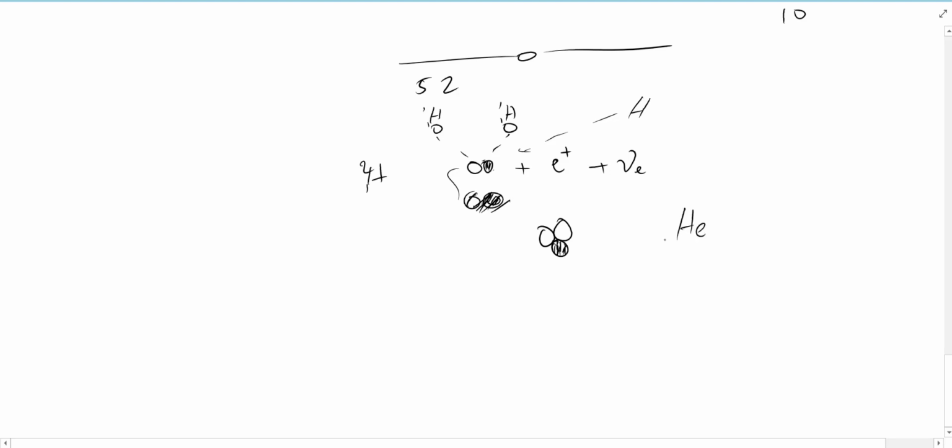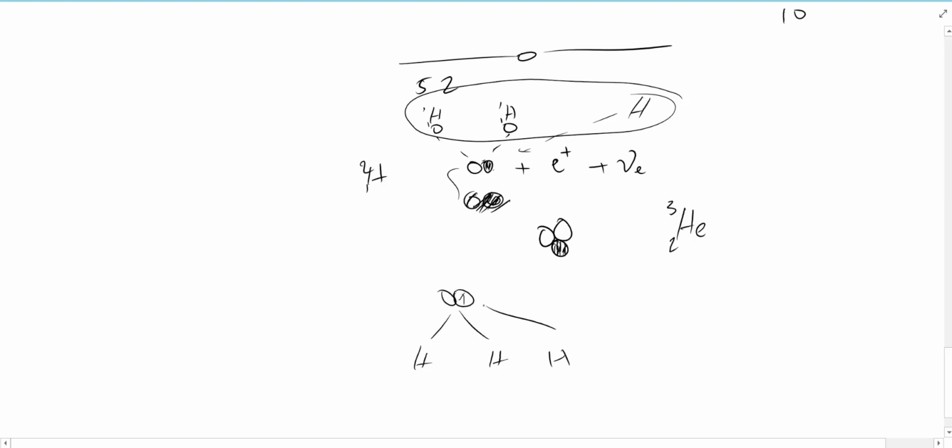This is the isotope 3 of helium, which will combine with another isotope 3 of the same helium. That requires 3 more protons. So imagine there are another 3 hydrogens. This one will give you deuterium, which will combine with another proton so that you end up with another isotope of helium.